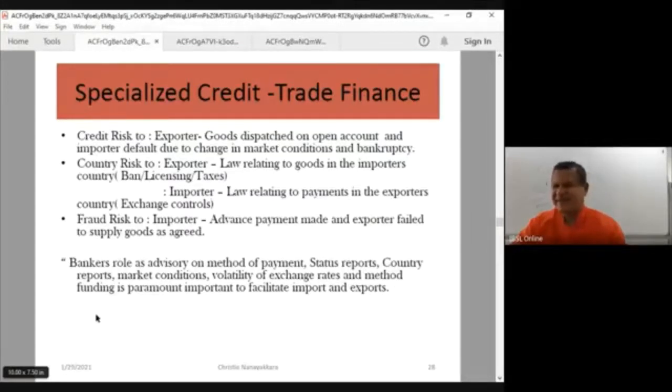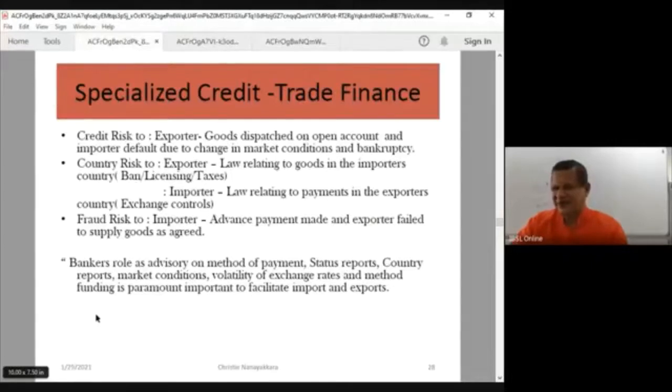Sometimes they may suddenly introduce a ban on certain items. At that time, if you have already done the import, or they may suddenly bring in exchange control regulations, as a result the importer will not be able to send your money. These are some of the country risks you face when you do exports.